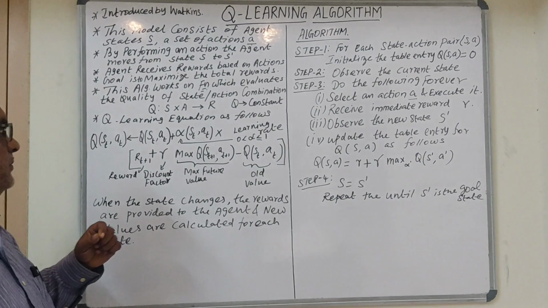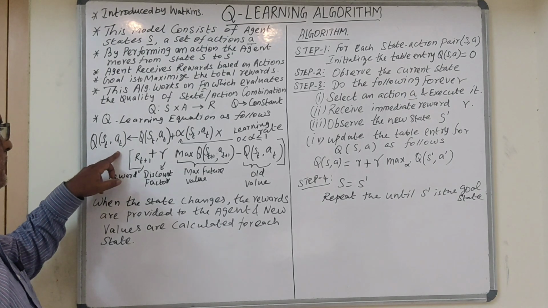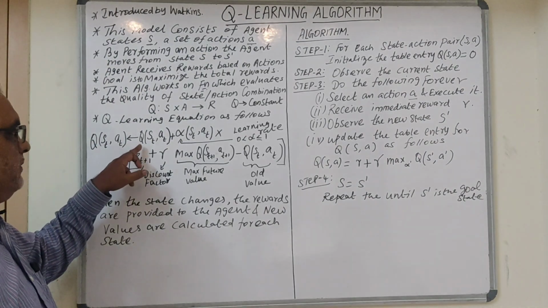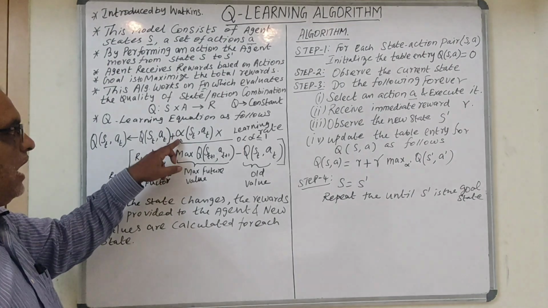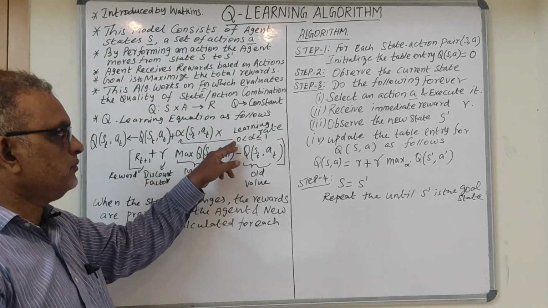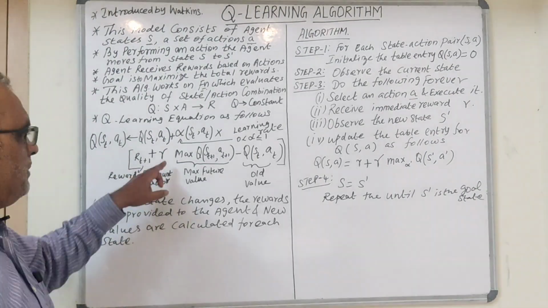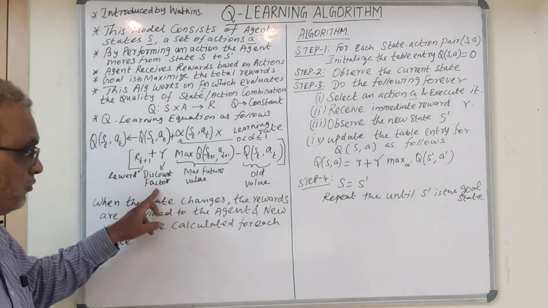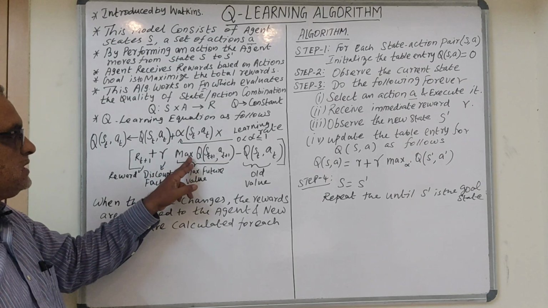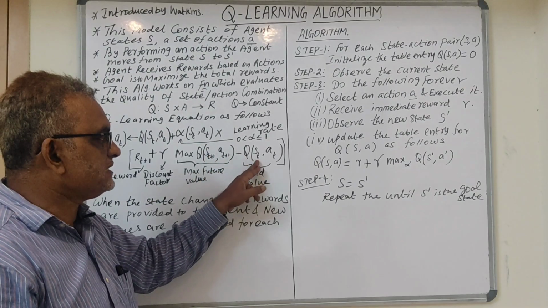Here Q is a function. So the Q-learning equation can be written as Q of S_t, A_t, that is the state at time t and the action at time t, replaced by Q of S_t, A_t plus alpha, where alpha is the learning rate and its value ranges from 0 to 1, into R_t+1, this is nothing but the reward, plus gamma, the discount factor, which gives the significance of the future rewards, into the maximum of Q of S_t+1, A_t+1, minus Q of S_t, A_t.